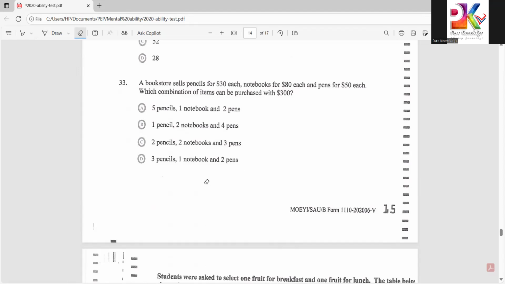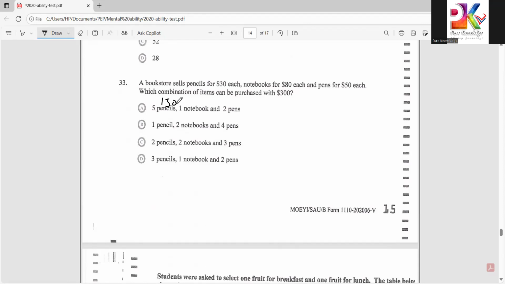Now, of course, you're going to work this out. So you're going to say 5 pencils. How much are pencils? Pencils are 30 each. So 5 pencils would be 150, because 5 times 30 is 150.